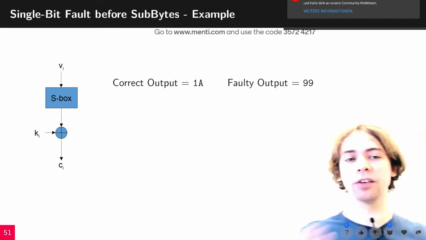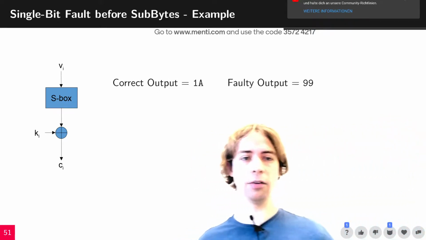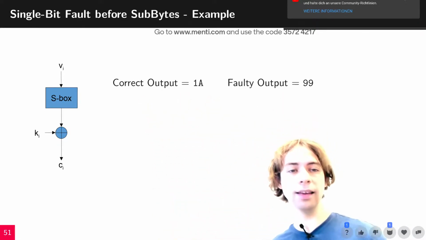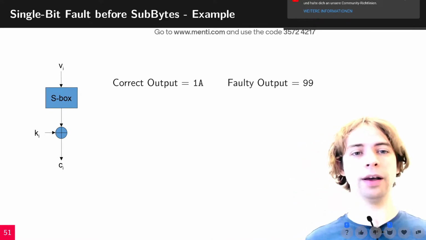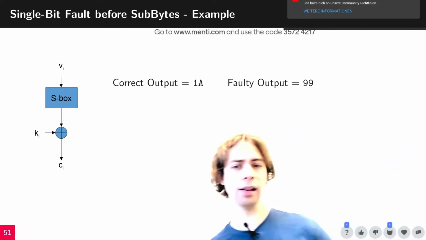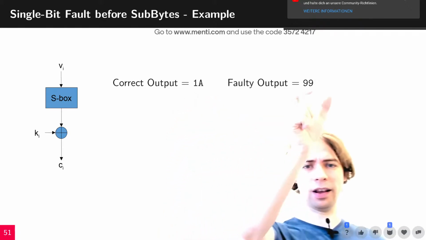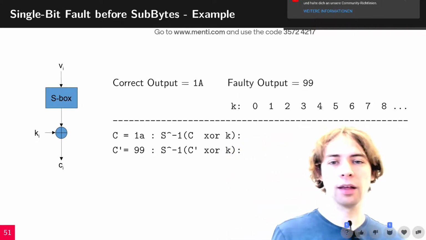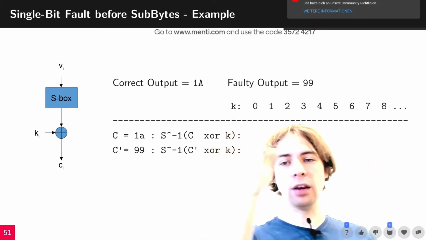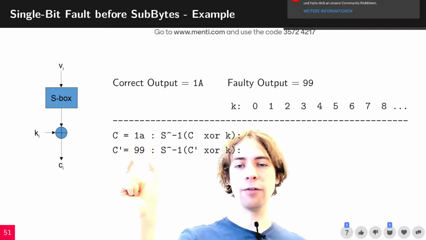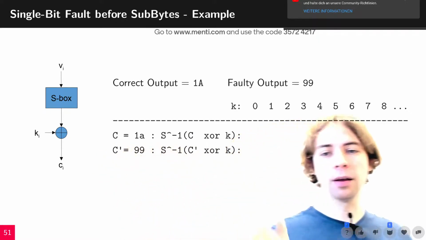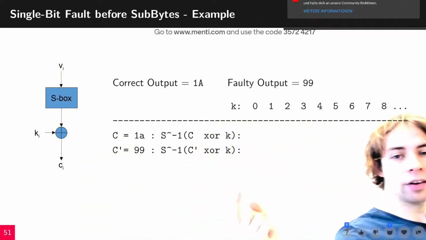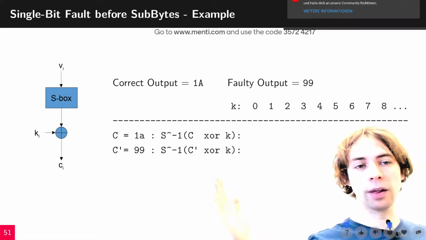So let's go through an example just to illustrate it, so it's a bit easier to understand. We have the correct output, maybe 1A, and the faulty output is 99. Okay, that doesn't sound like a single bit flip because a lot of bits changed here, right? But let's take a look. For this ciphertext and for this ciphertext, we enumerate the key byte. We compute what the input value, this intermediate value, was, and then we can check for all the possible key bytes whether we find anything.